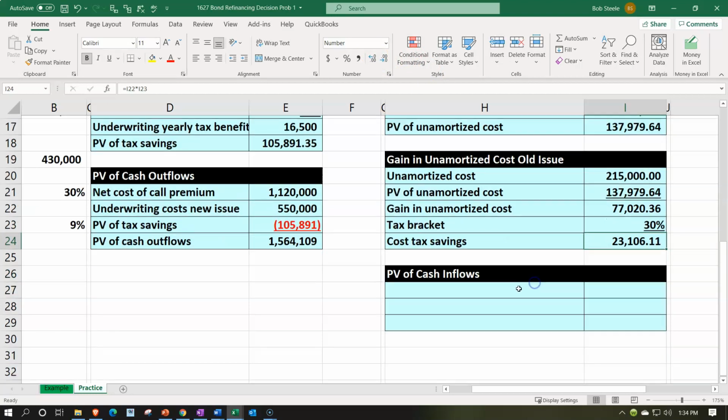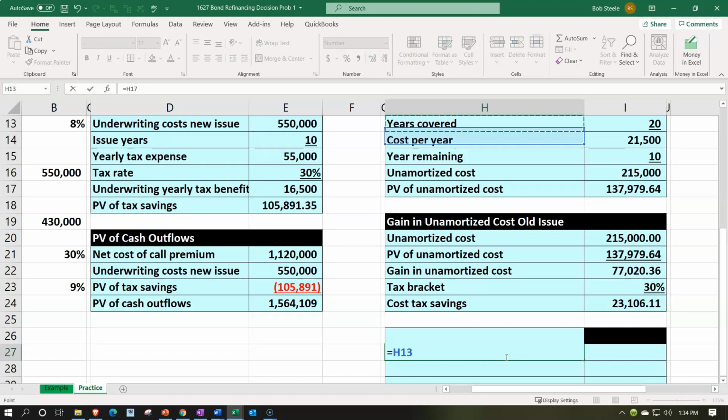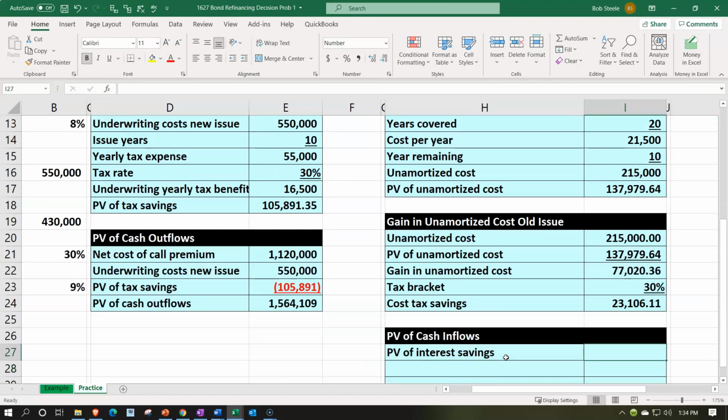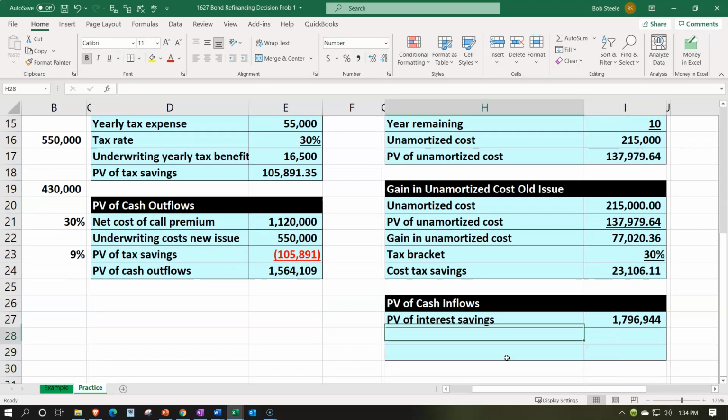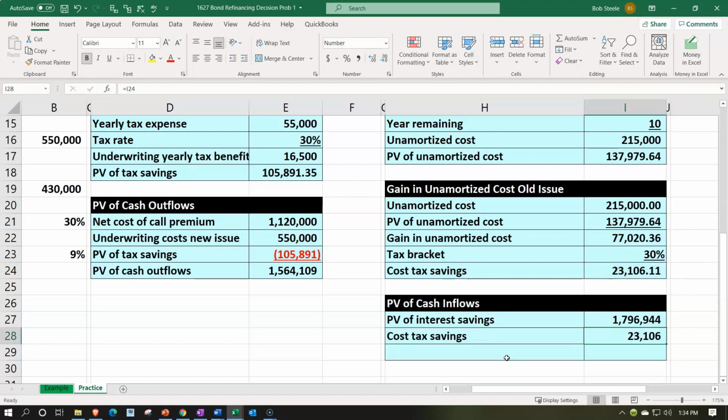So then we get the present value of the cash inflows, which is going to be the present value of the interest savings up top. And we have the cost savings, tax savings here of the 23,106, underlining that, font group and underline.